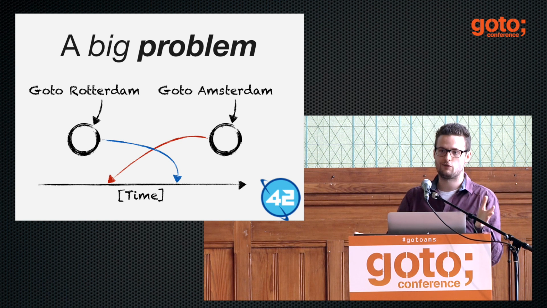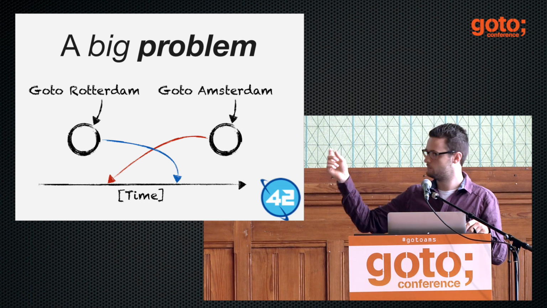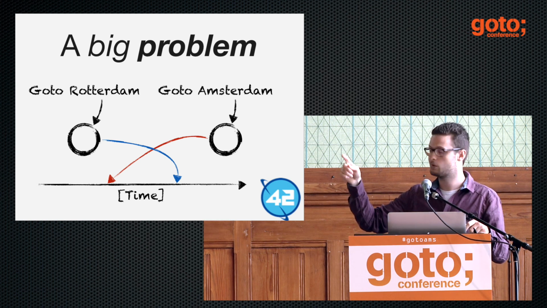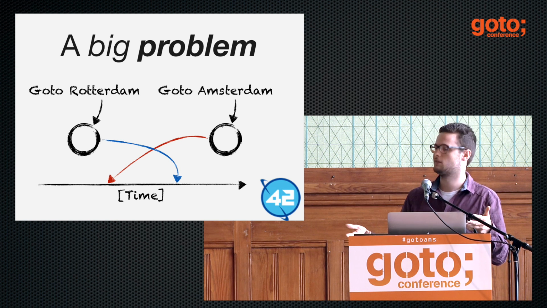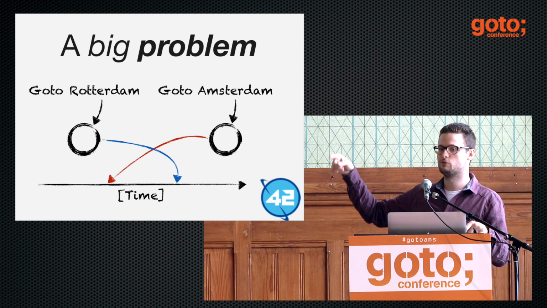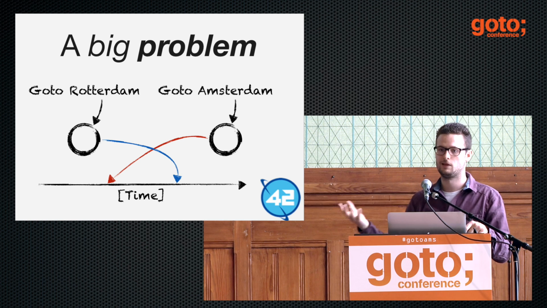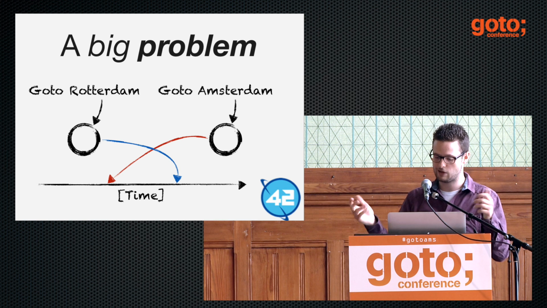And if your server is having an off day, the result for GOTO Amsterdam might get resolved first, before the results of GOTO Rotterdam. So what you see is something very strange: in your query box you see GOTO Amsterdam, but you see the results for GOTO Rotterdam in your autocomplete, which is very weird and not something that we want to have.